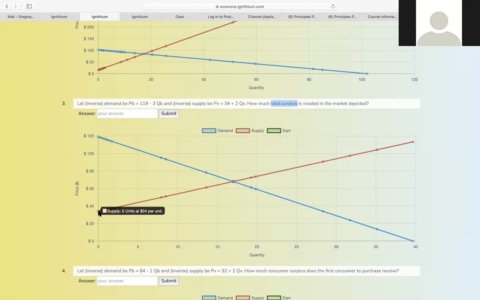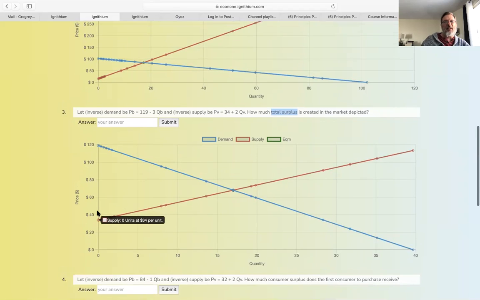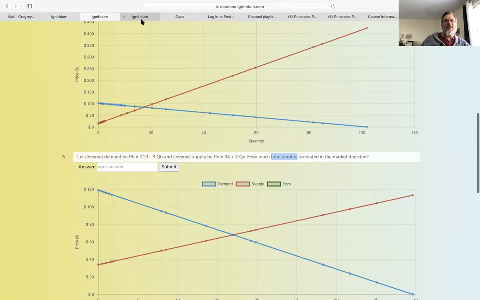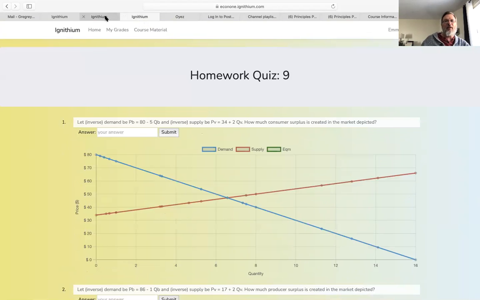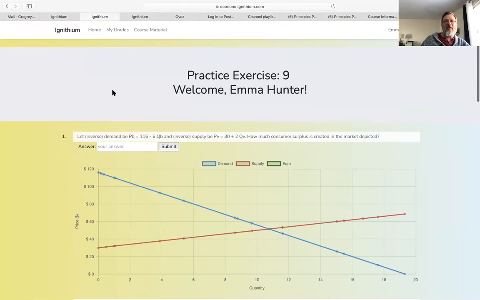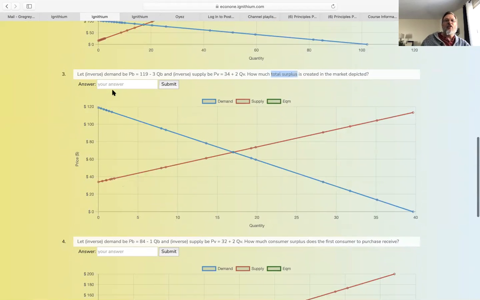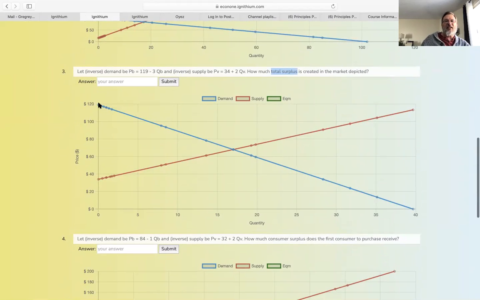Yeah. Number 3. So that's consumer surplus plus producer surplus, which is this big triangle here. And the one thing that you might be getting at is one of the places where you might want to be a little bit careful. This is the homework quiz practice. Obviously, like you were saying, you can measure this big triangle, and you don't have to break it down into consumer and producer surplus.